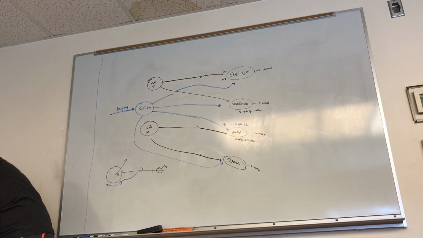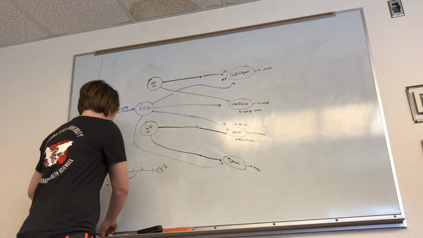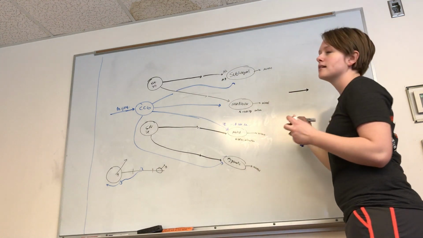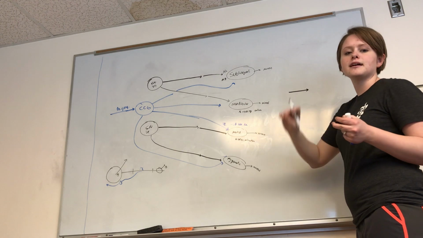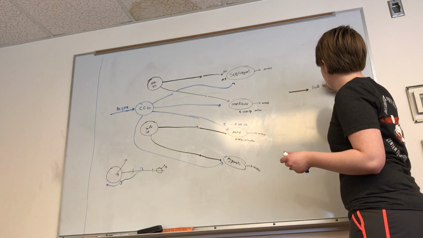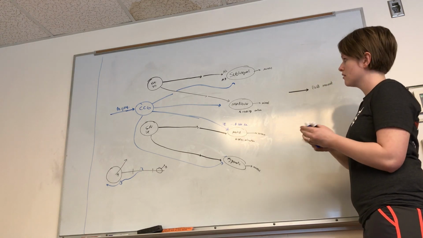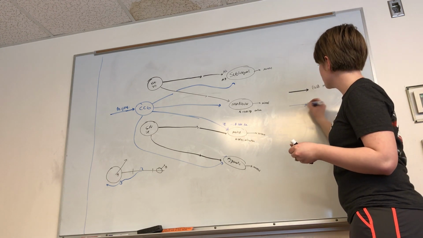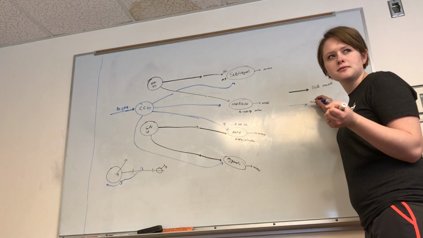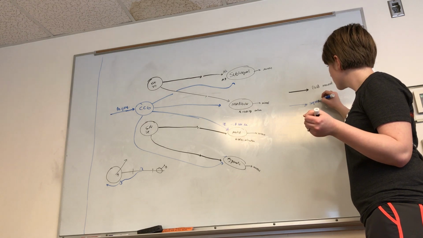Oh, and then one last thing. The parasympathetic causes the fluid movement we talked about. And then the sympathetic causes the myoepithelial cells to contract. Do you remember what those are? Yeah, they squish for secretions.